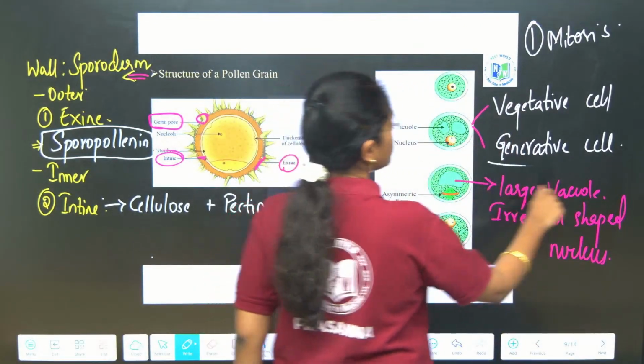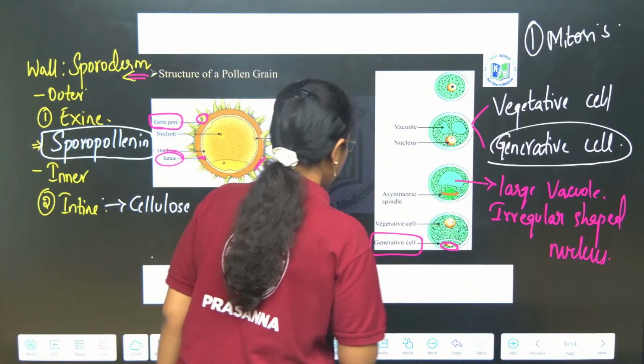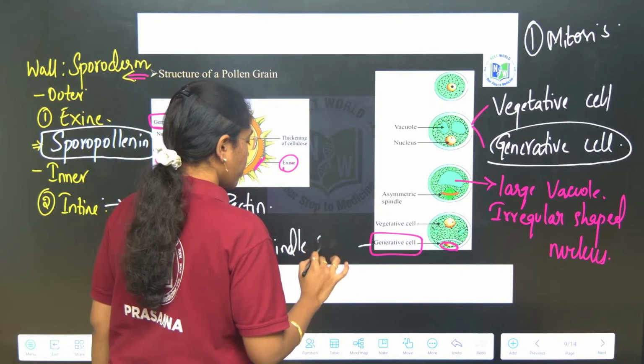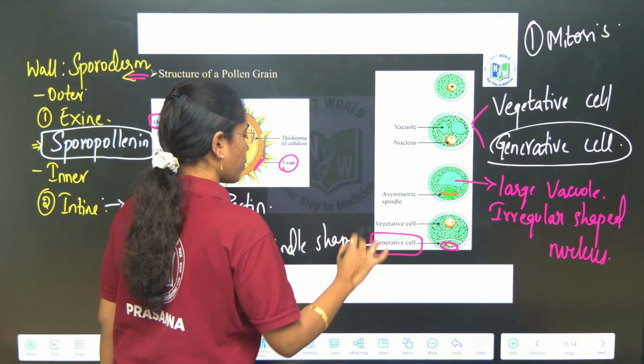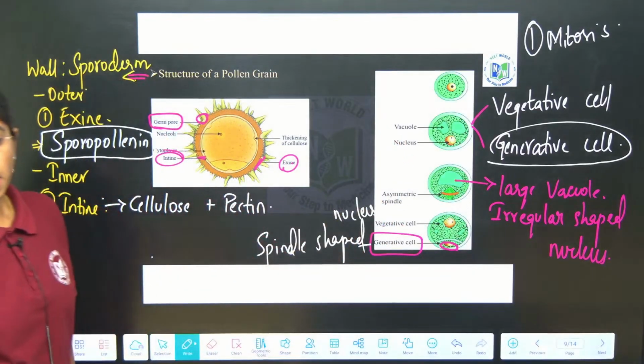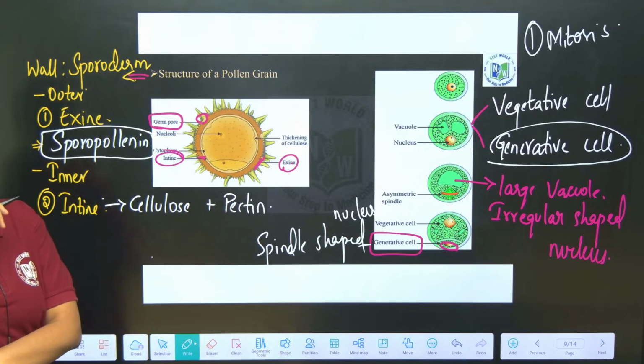And the generative cell will contain a spindle shaped nucleus. Here you can see it consists of a spindle shaped nucleus. Clear, right? Structure of pollen grain is clear, no?